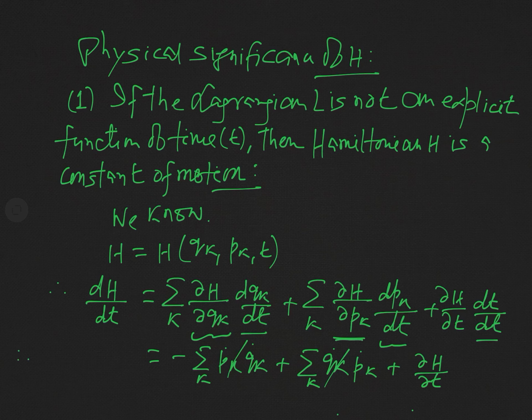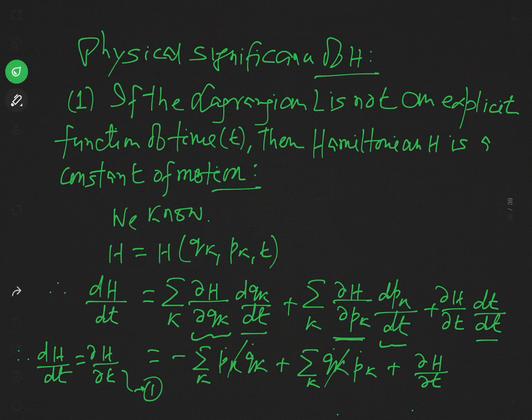So what we get here, you can see that dH by dt is equal to del H by del t. We have found it, and let us say this is equation 1.